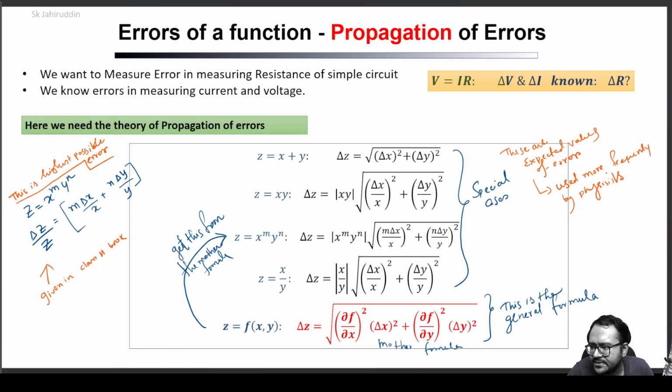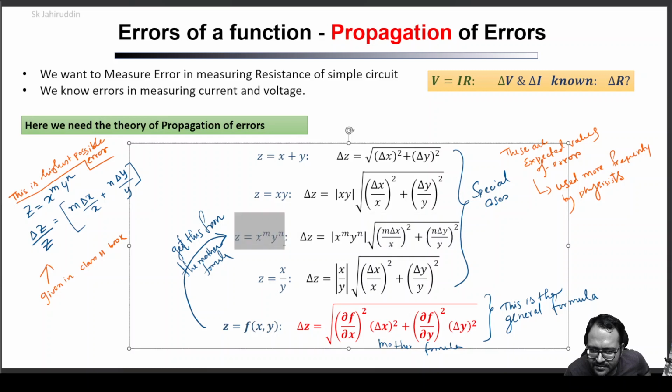This is expected error. If you have a quantity, your most expected error will be in this range. As the errors themselves follow the normal distribution, using that property, we got these formulas.